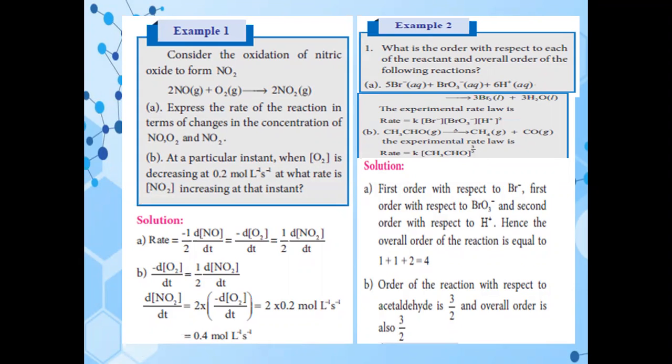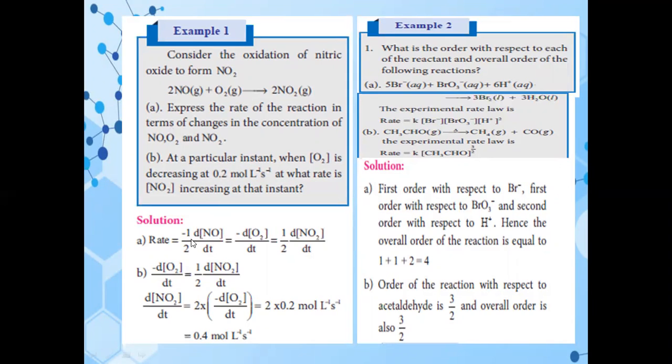So for this equation, first we need to write the rate. That is what is asked in part A. Express the rate of the reaction in terms of changes in the concentration of NO, O2 and NO2. So the rate for this equation: the coefficient is 2 here, so we need to write it in the reciprocal form.